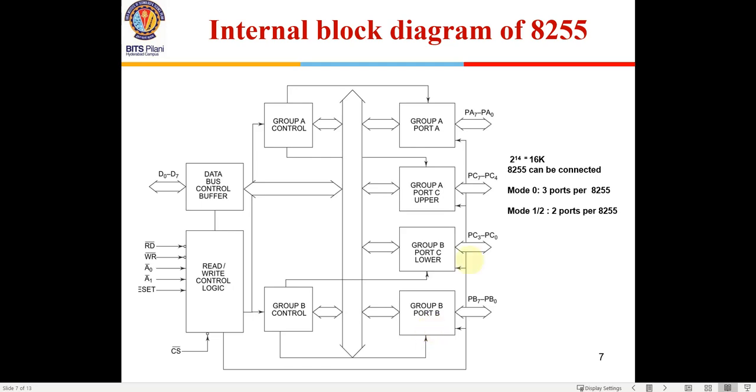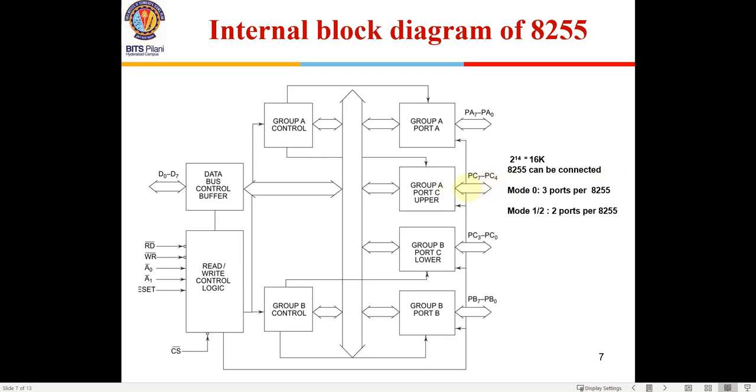What happens in mode 1 is, if group A is configured as mode 1, then the upper 4 pins of port C, PC4 to PC7, will also be used by group A, and this will become a 12-bit port, out of which 8 will be the data lines, and the 4 extra pins taken from port C will be used for handshaking signals between the input output device and the 8255.